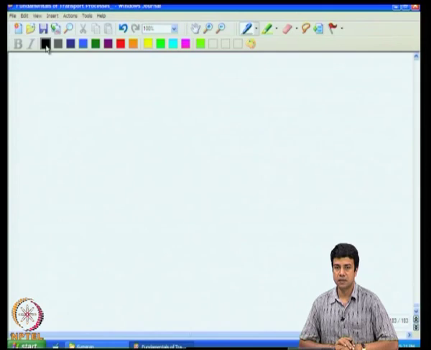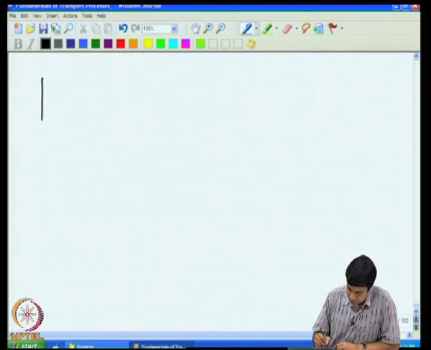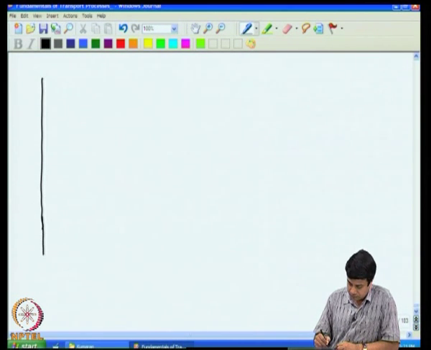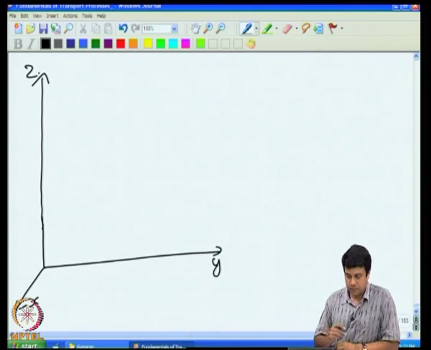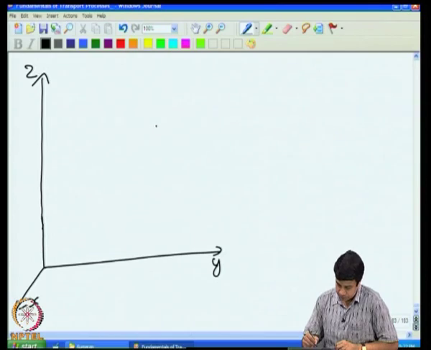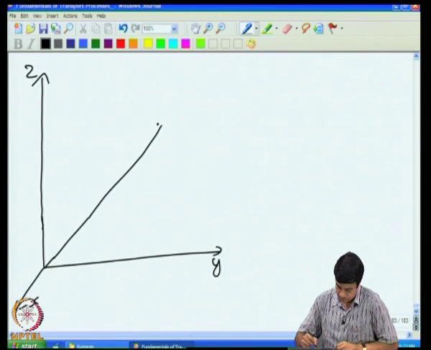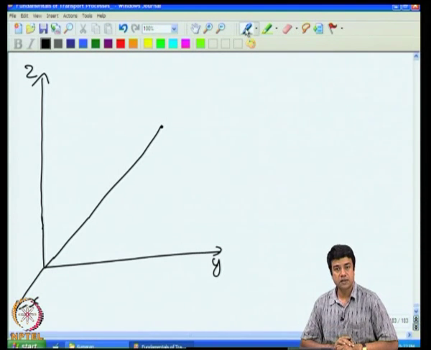So, we need to construct a differential volume bounded by surfaces of constant r, theta and phi. So, I have a location here at which I want to construct a differential volume for carrying out my balance equations.